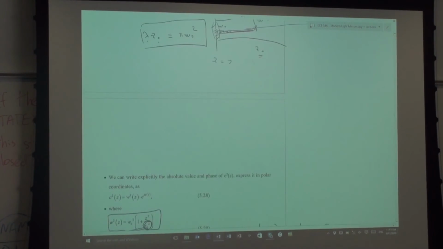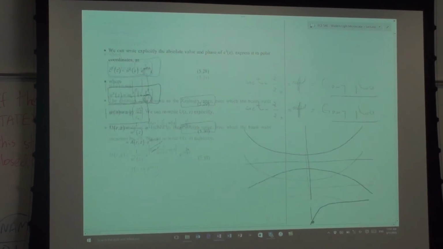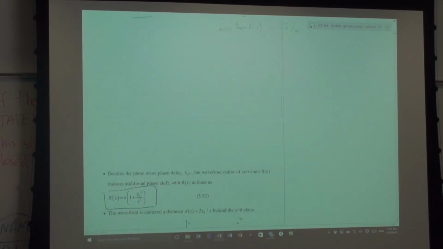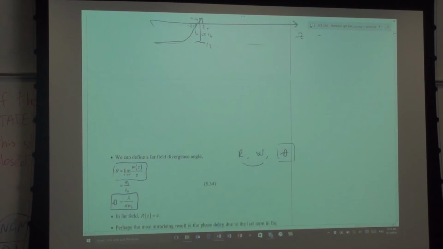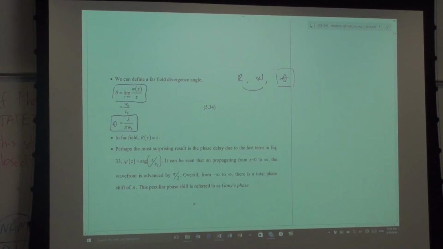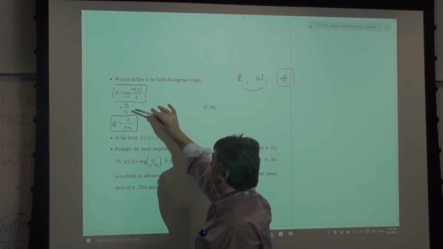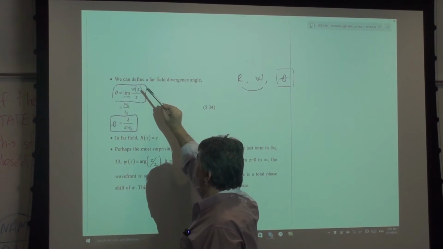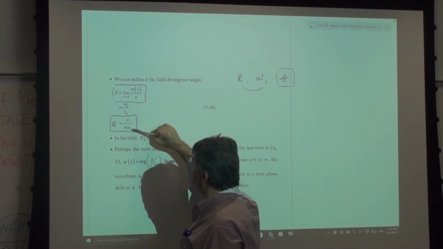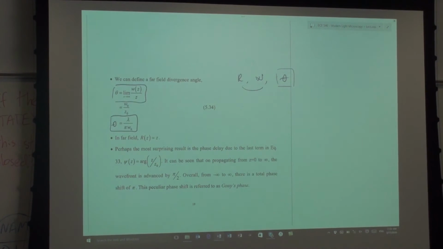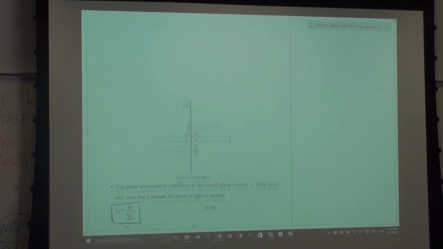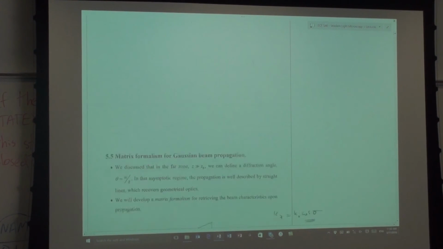And then the radius, where is it? Here. This is the definition of the radius. Okay? And then we define the diffraction angle, which is basically W naught over z naught. So if you know W naught and W and z, or the wavelength, you can retrieve theta.